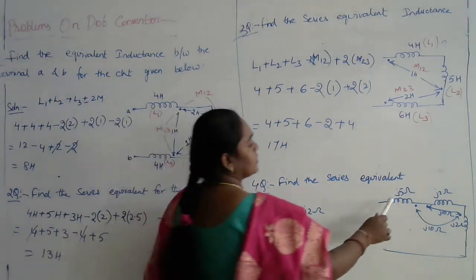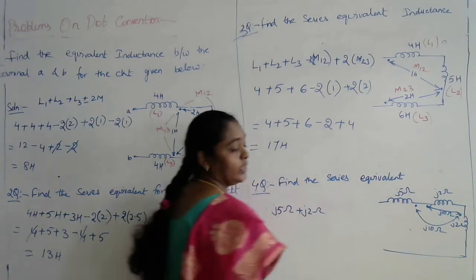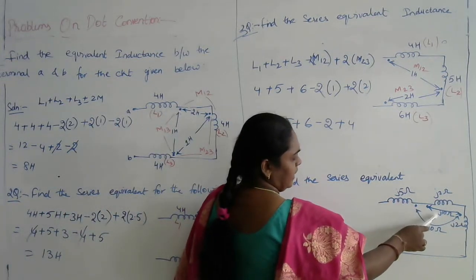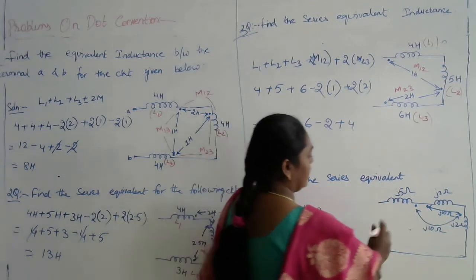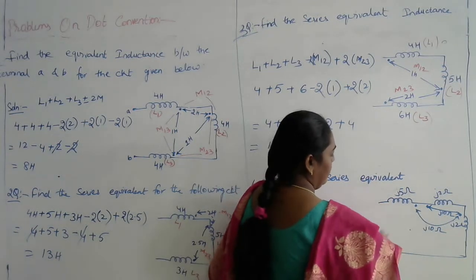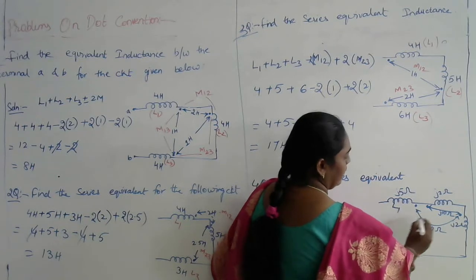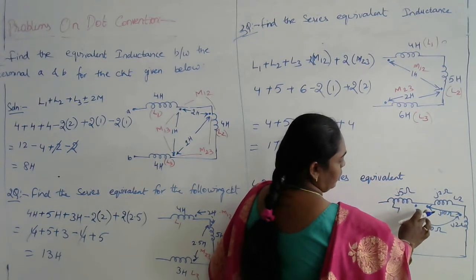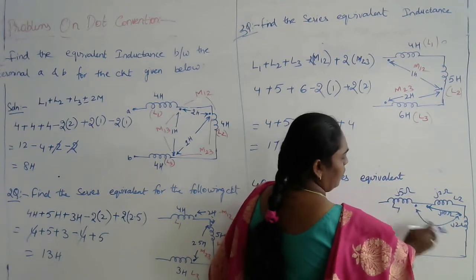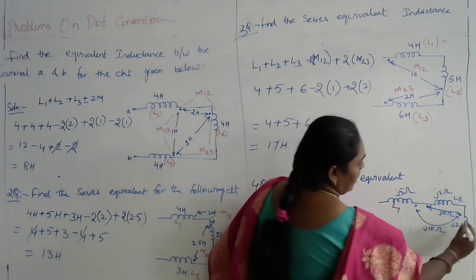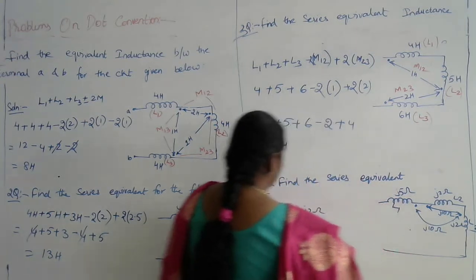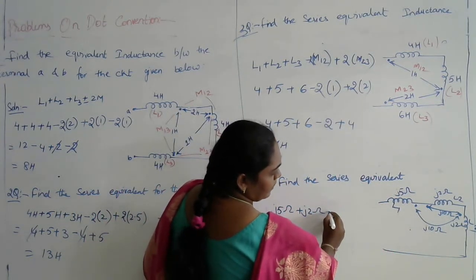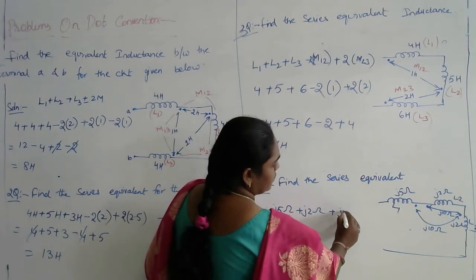Along with these two self-inductances, it consists of two mutual inductances. Let me take the first inductance as L1, the second as L2, and this is L3. So here we have j5 plus j2 plus j2 ohms.